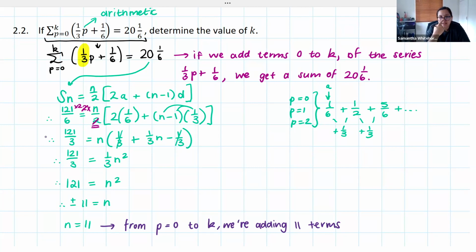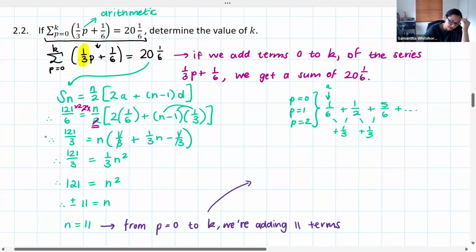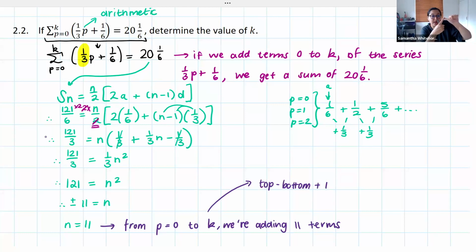It's an important distinction to make because remember we spoke about this when we did sigma. If you do not start at 1, you need to be very careful of how many terms you're actually adding. And this is where that formula of top minus bottom plus 1 is really useful for us. If I'm starting from 0, that's already the term 1 that I'm adding. That's already 1 of the 11.